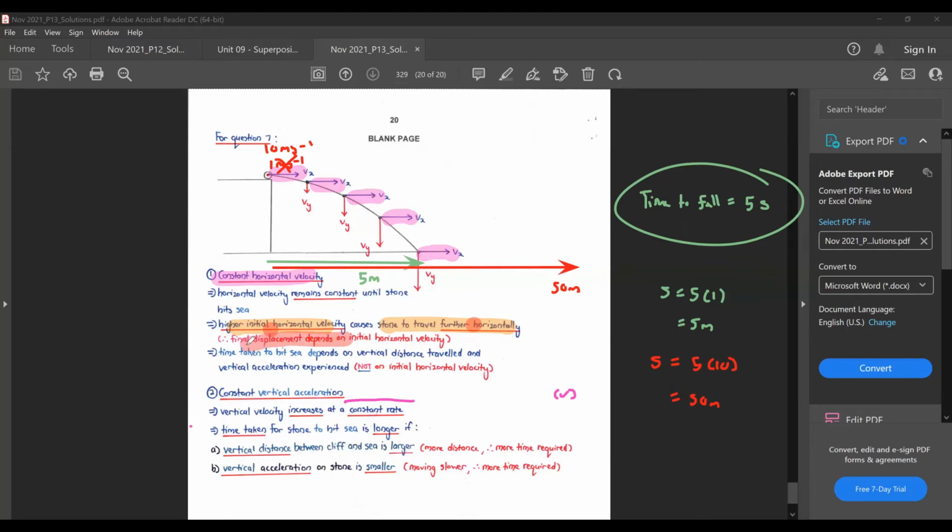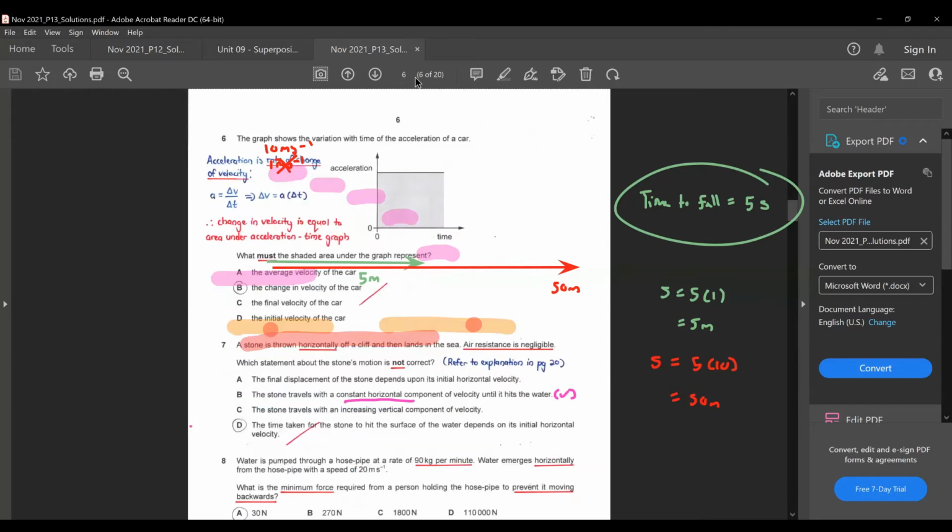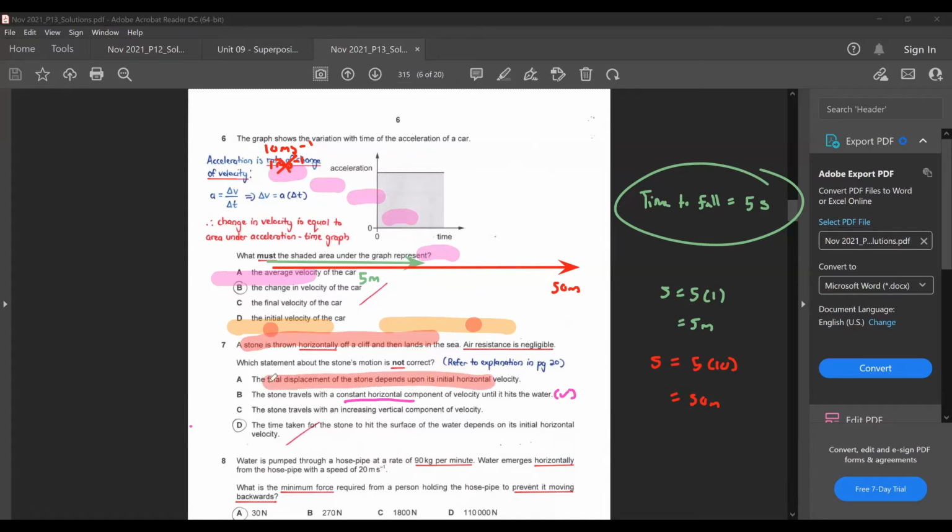So your final displacement actually depends on your initial horizontal velocity. Because you see here, under page 6, it was mentioned that the final displacement of the stone depends on its initial horizontal velocity. This is true. If the stone was projected with a higher speed, you obviously travel further. So it will affect your final displacement. Okay, so A was also correct.